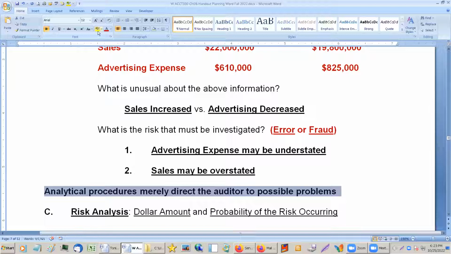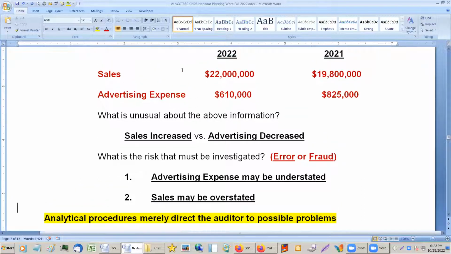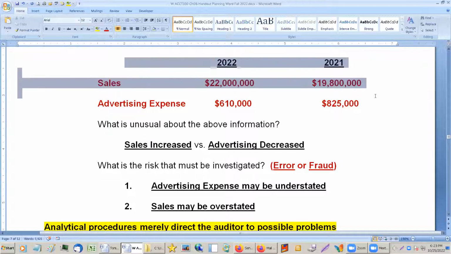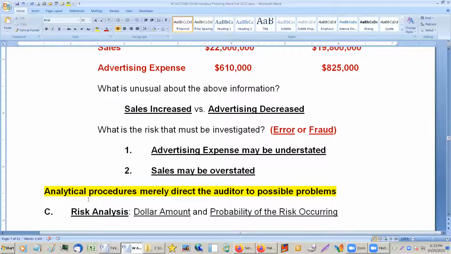They are not generally evidence themselves that anything has gone wrong. These could be absolutely accurate, and until you look into it, you won't know. So we use analytical procedures to look at where the problems might be, not because they will tell us directly that it's fraud, but because they tell us where to look. Analytical procedures are required if you're doing an audit. It's not optional.